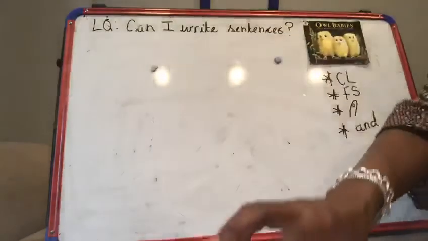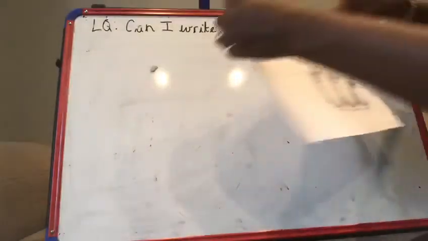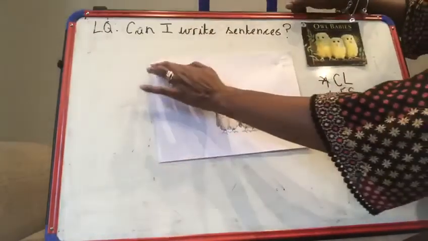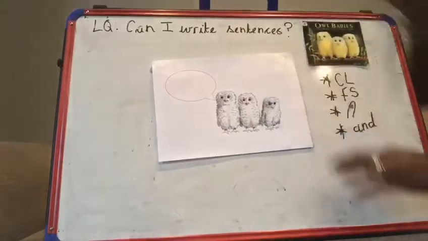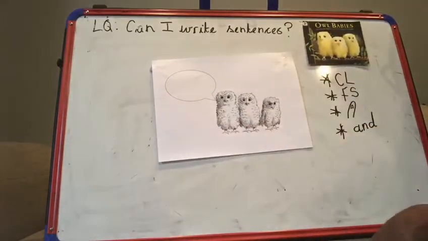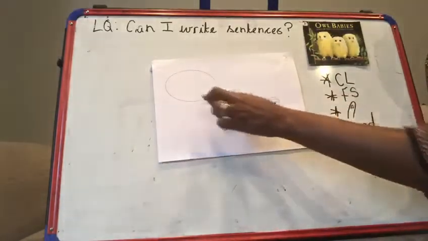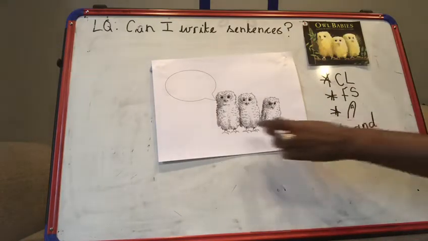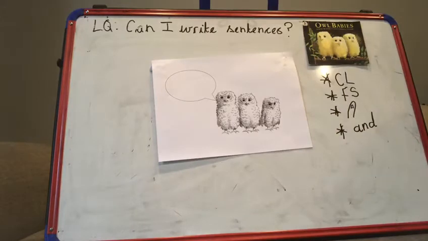So, we now have another picture. Now Sarah is the oldest of the babies, so she's a little bit braver. What do you think she might say to her brothers? I'll give you a bit of thinking time. What might she say? Because she wants to comfort them, because absolutely they're feeling a little bit worried, a little bit nervous.